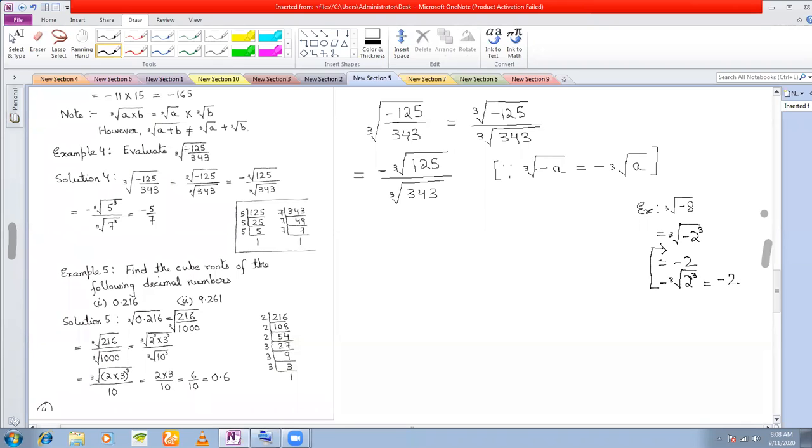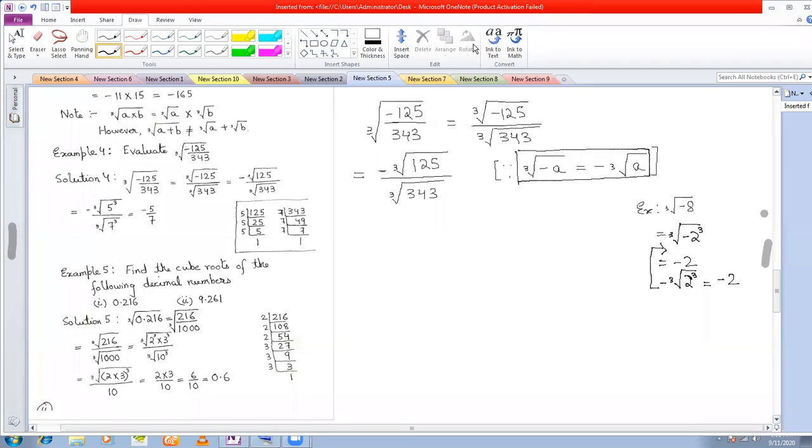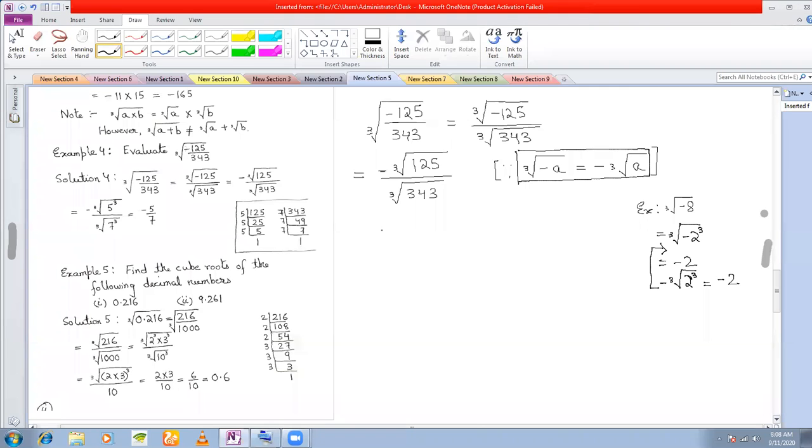Understood? So remember this relation that the cube root of a negative number is negative can also be written in this manner. The cube root of a negative number, say minus a, is the same as minus the cube root of the positive number.